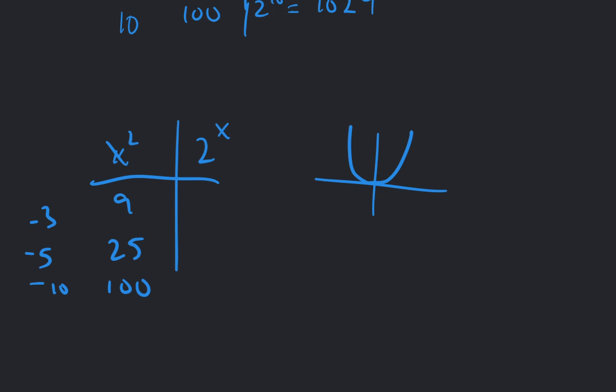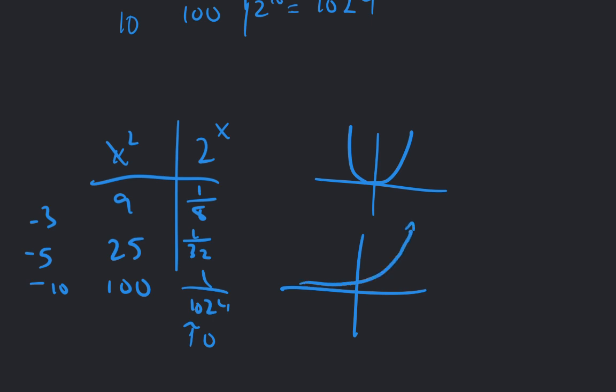Whereas exponentials are going to dip off. So as it goes to larger and larger values, this one is going towards 0, although it will never actually reach 0. It'll look something like that, the graph.